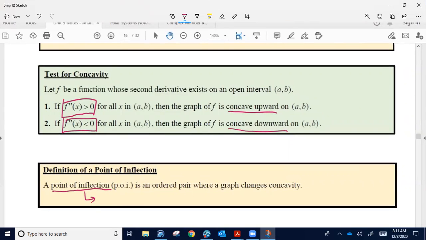And that would just be that the second derivative changes signs. It doesn't necessarily have to be positive to negative or negative to positive, but either of those. If the second derivative changes signs, you will change concavity, and that is called a point of inflection. It's not a max or a min. It's a point of inflection.